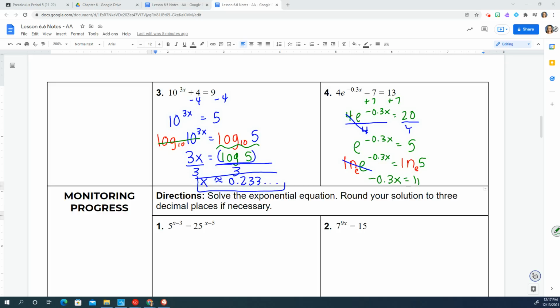We get here. We don't need to do change of base because my calculator has a natural log button. So the last step I would have to do is divide that answer, the natural log of 5, by negative 0.3. So natural log of 5, close that, divide by negative 0.3.